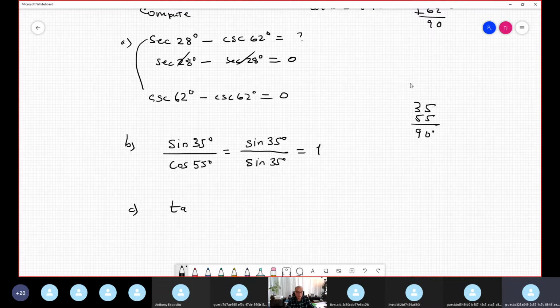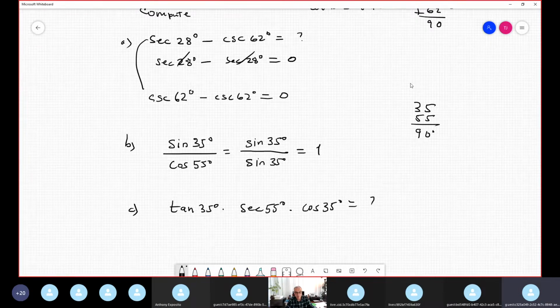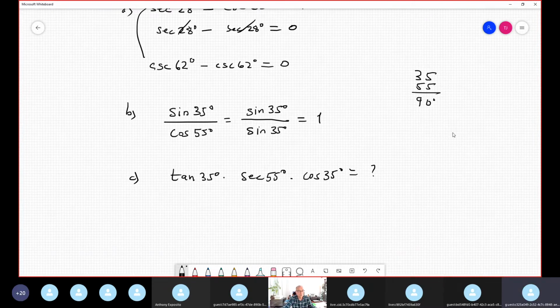One more. Tangent 35 multiplication secant 55, sorry. Tangent 35 times secant 55. Compute that. Boom. I have no idea. Okay, there are many ways to do this.